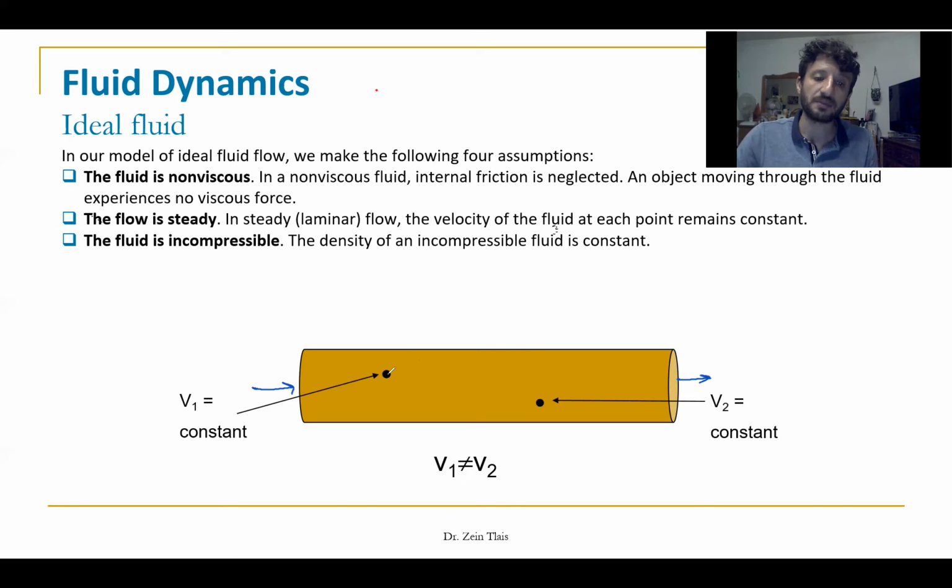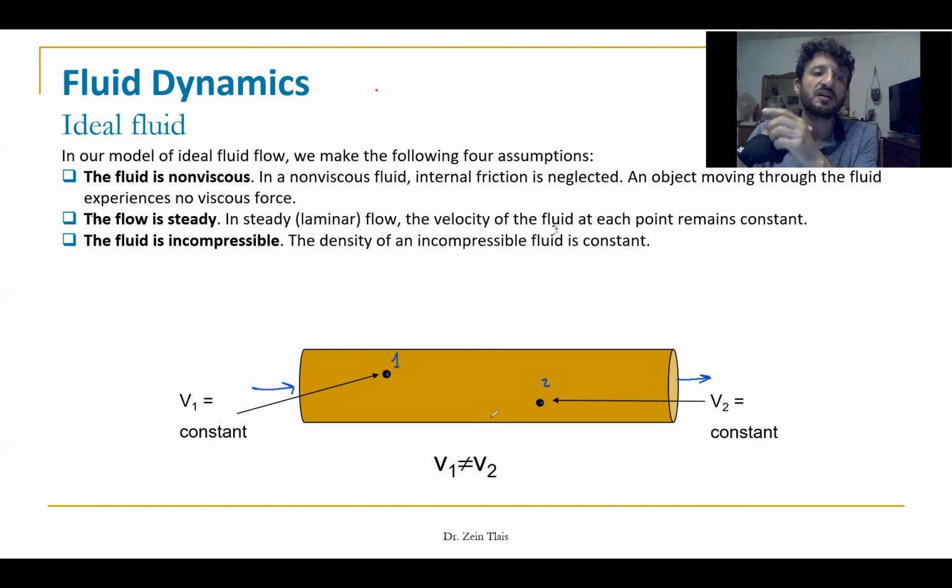If we take any point, for example point 1 and point 2, in this case we have a steady state of flow. The velocity v1 is constant during the time. The velocity v2 is constant during the time, and v1 is not equal to v2. We have a difference of velocity, but we have a constant velocity at each point. This is the second assumption.